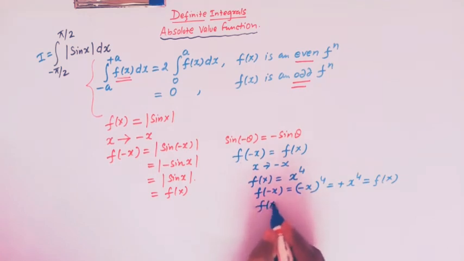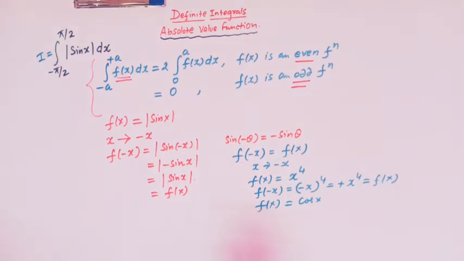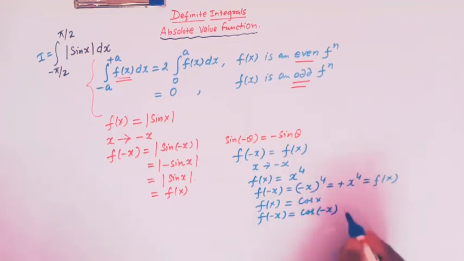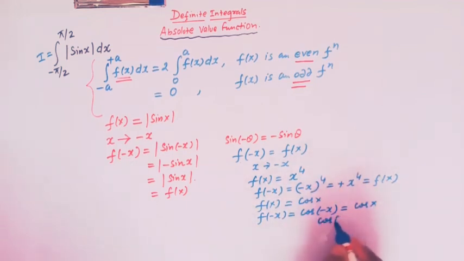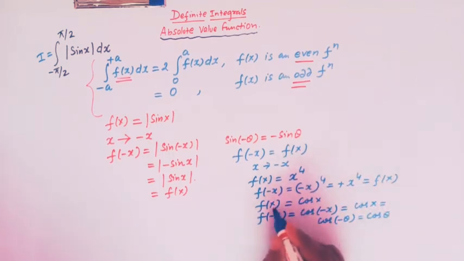Similarly, if we take f of x equal to cos x, then cos x is also an even function because f of minus x is equal to cos of minus x, and cos of minus x can be written as simply cos x because cos of minus theta is equal to cos theta, which is our function f of x.